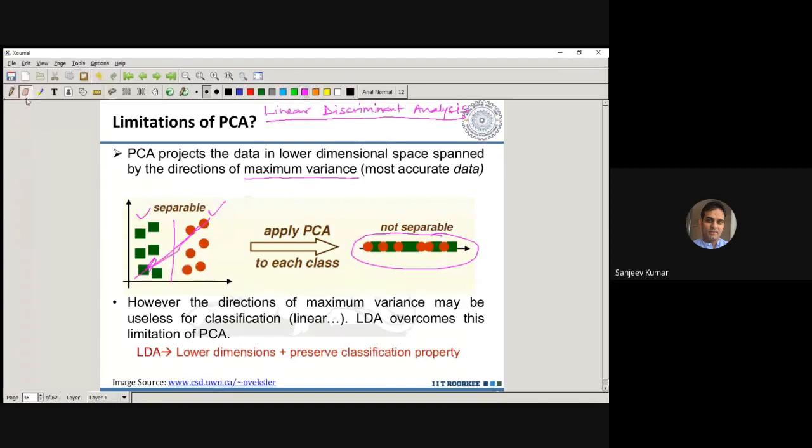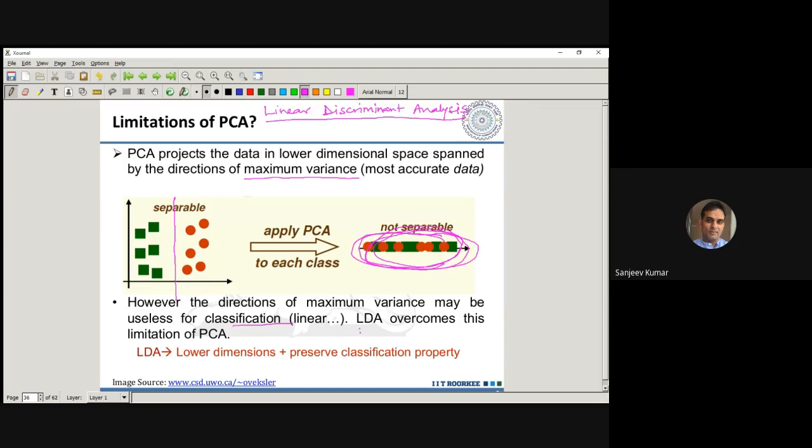Now what I want to show you from here is the same kind of thing. In 2D, you can separate the two classes just by a line. In 1D, you are getting a mixed cluster, which is very difficult to classify. So the direction of maximum variance which you obtain using PCA may be useless for classification purposes.